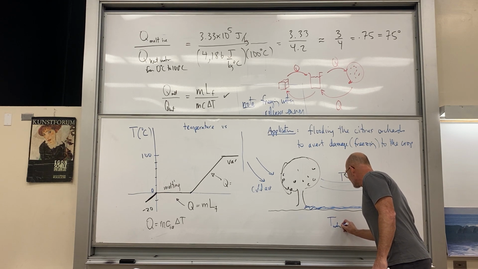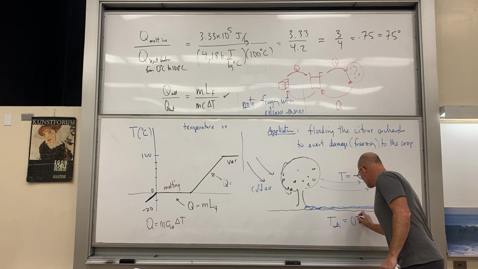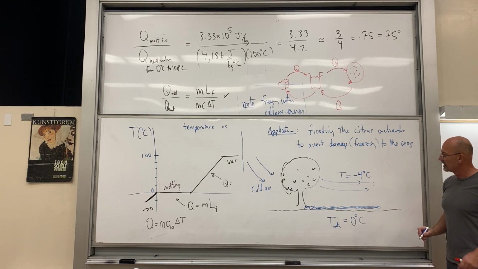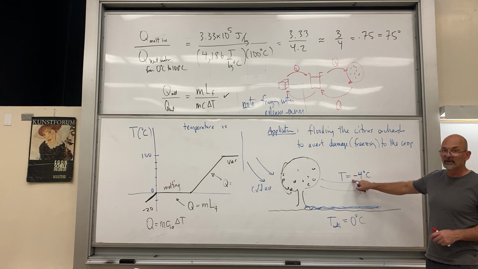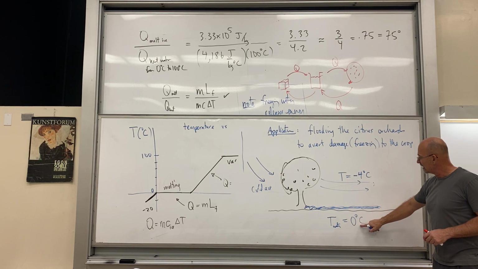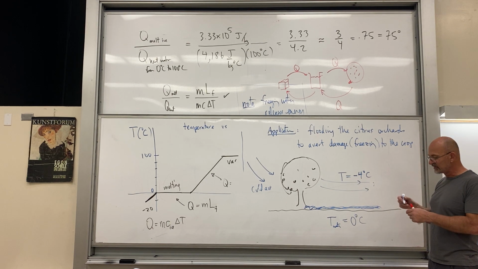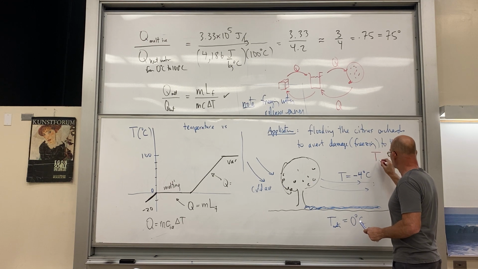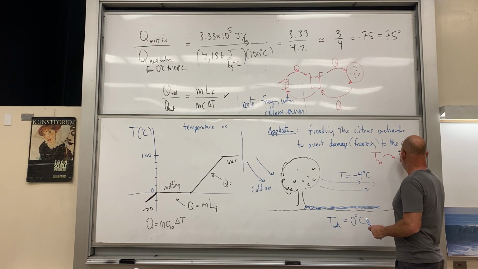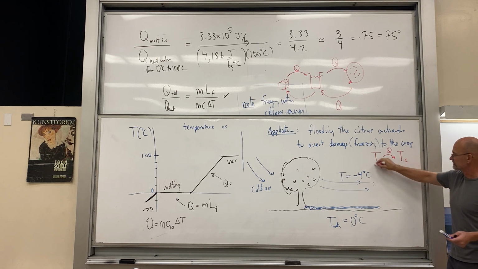Water, as it freezes to ice, is equal to 0 degrees Celsius. Okay, what's colder? 0 or -4? 0 is TH and -4 is TC in our prior graphs. Remember, we always have heat flowing from TH to TC. Right, that's our famous cartoon.